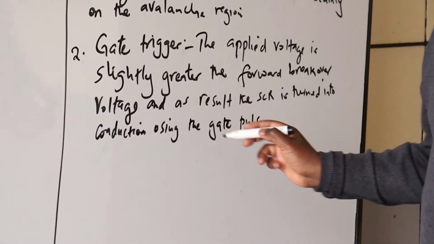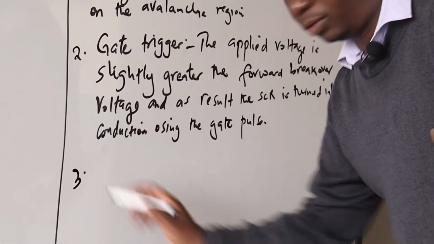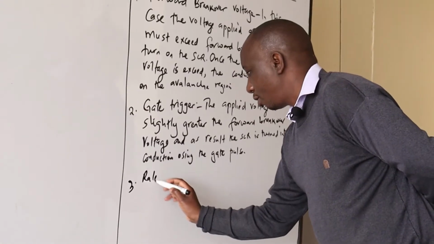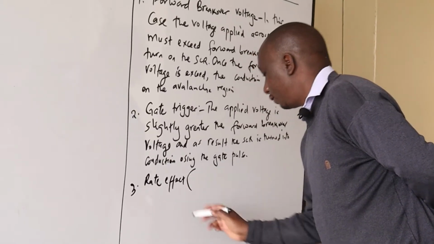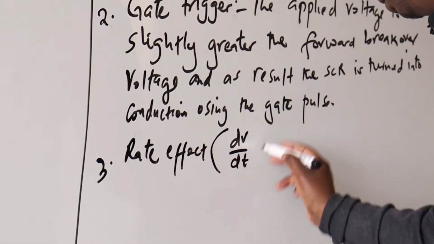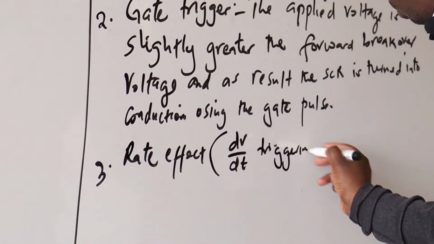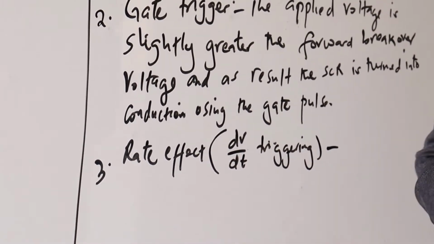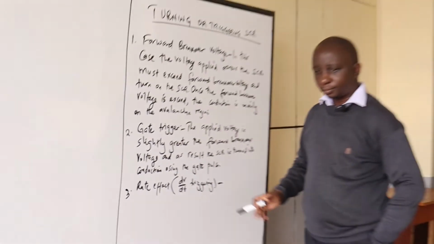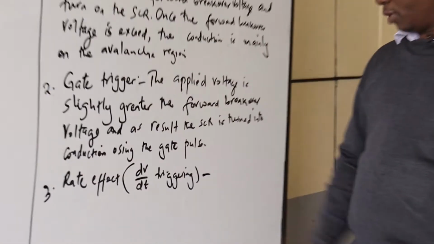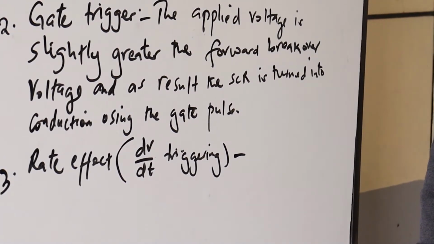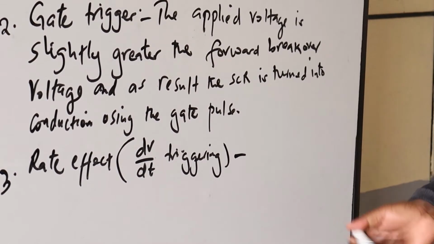Then method number 3 is what I refer to as the rate effect, or rate of change, also referred to as dV/dt triggering. Here, we are dealing with the rate of change of voltage across the terminals of the SCR, that is, the rate of change of the anode to cathode voltage.